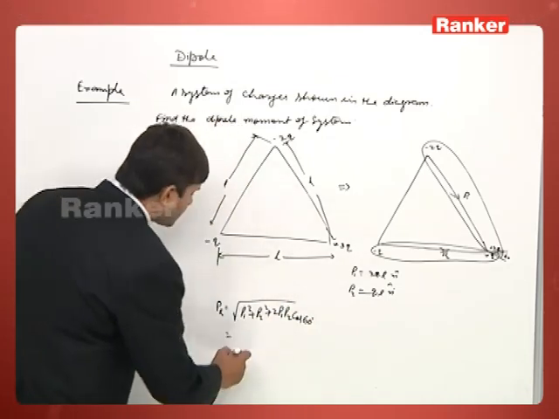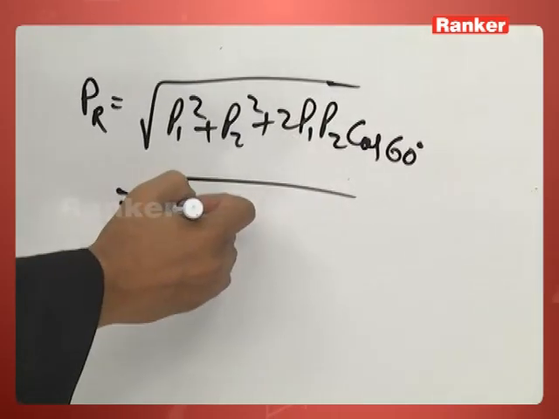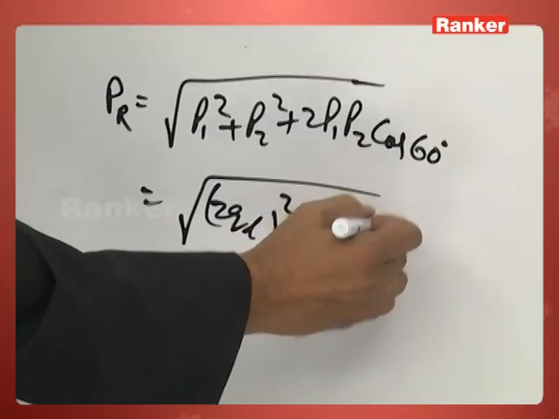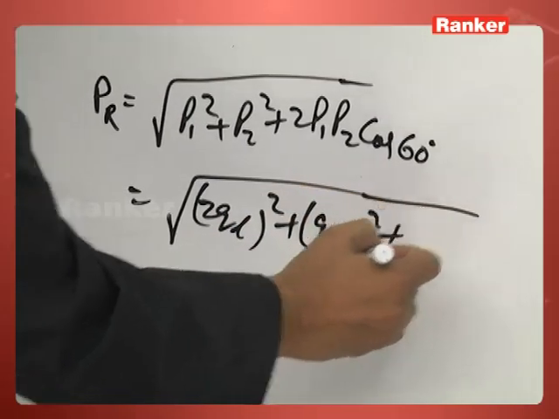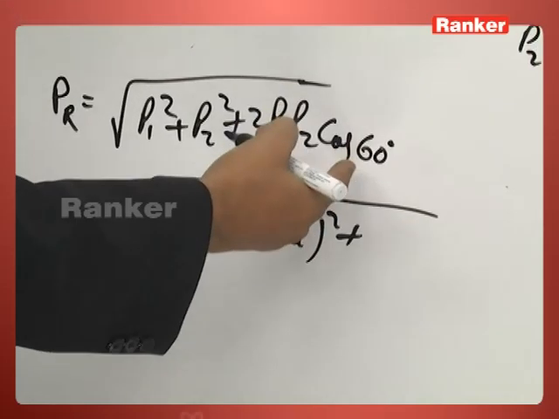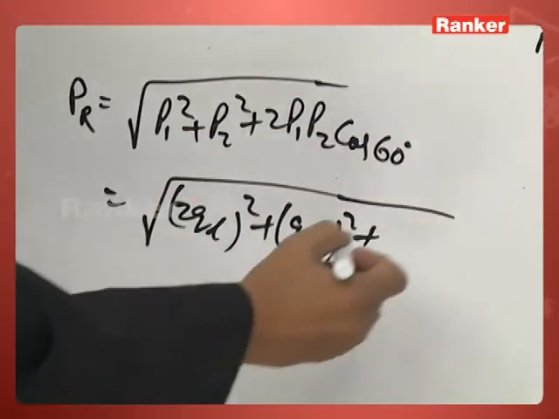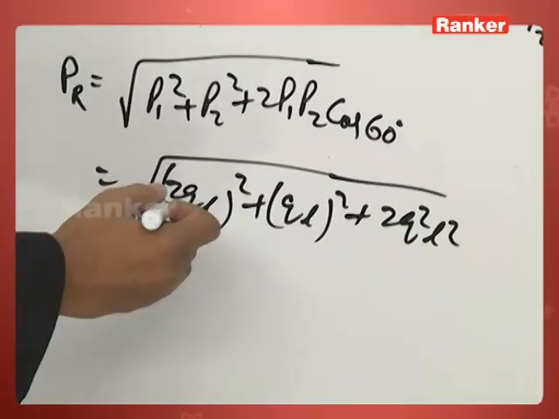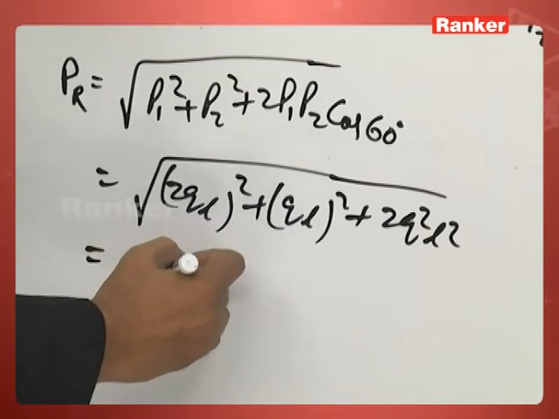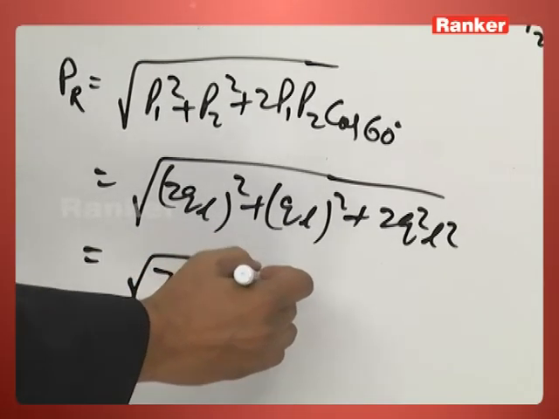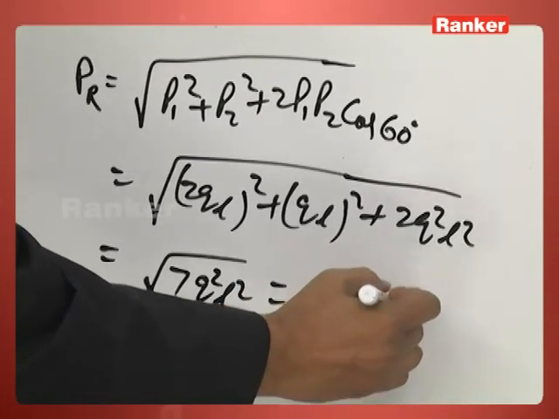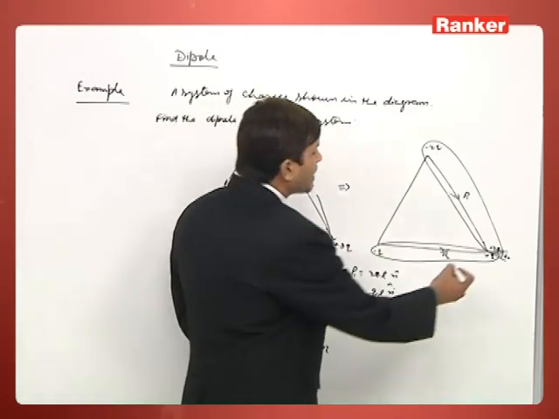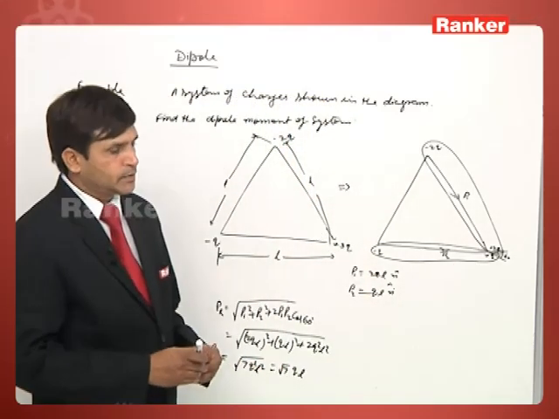Substituting the values of P1 and P2: (2QL) whole square plus (QL) square, and with cos 60 equal to 1 by 2 cancelling, 2 P1 P2 becomes 2Q square L square. In total it becomes 7Q square L square. So this is root 7 Q into L. This is the resultant dipole moment, and after that we can get the direction also.